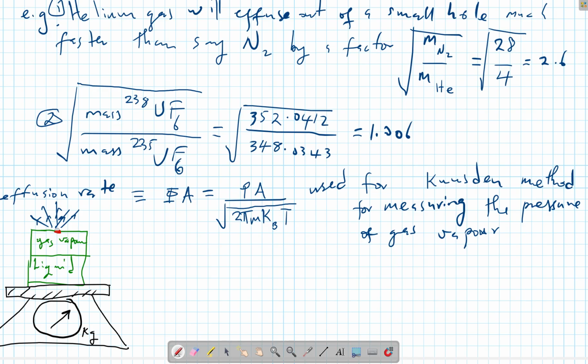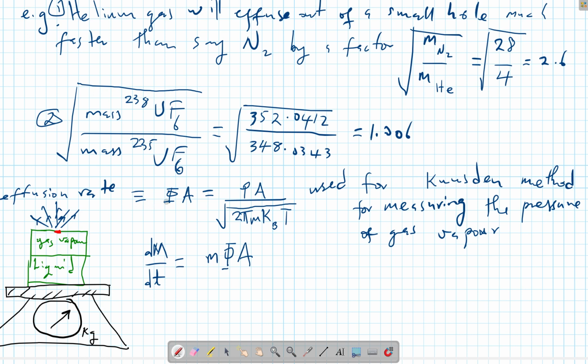So what's going on is that as the gas vapor molecules effuse out, the mass of the whole thing here is going to change with time, right? And one can compute the rate of change of mass, let's say dm by dt. This is going to be mass of the gas vapor molecules times the effusion rate, right?